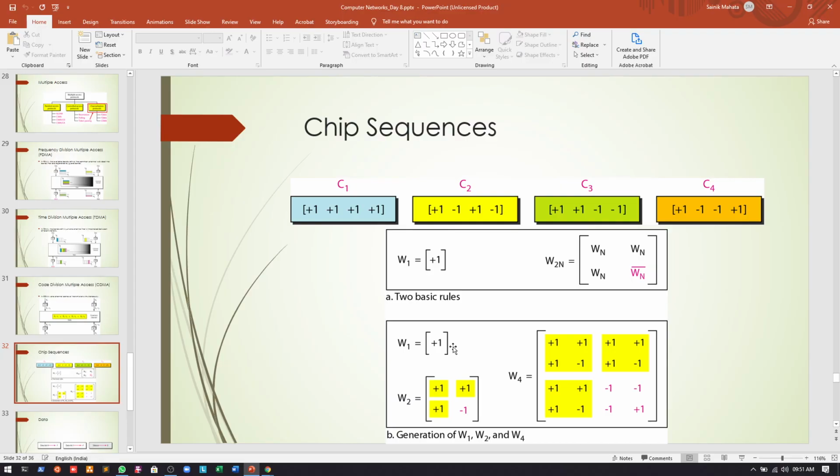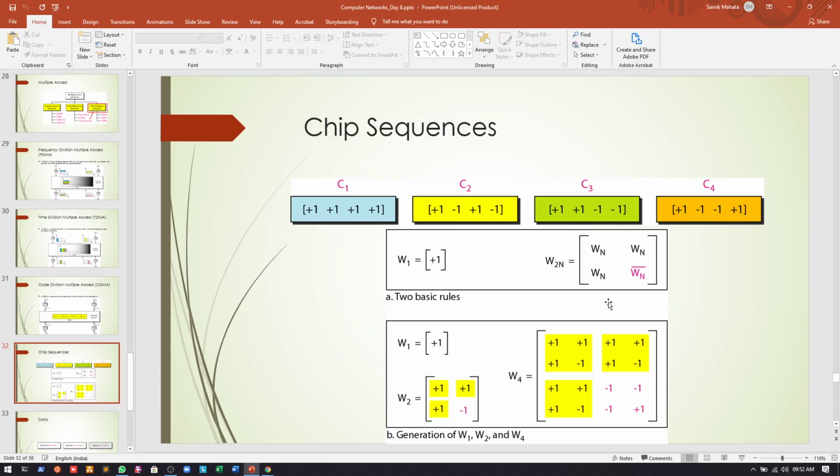The order will be W1n, W1n, W1n, and the complement of W1n.